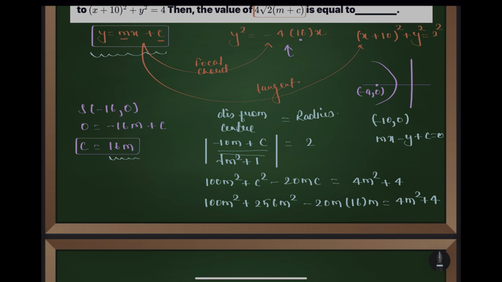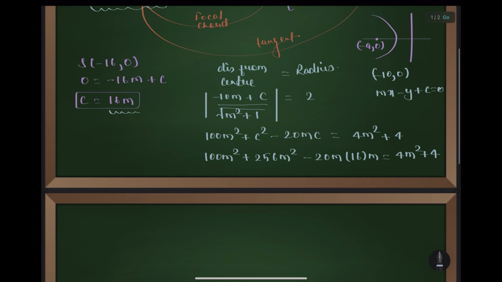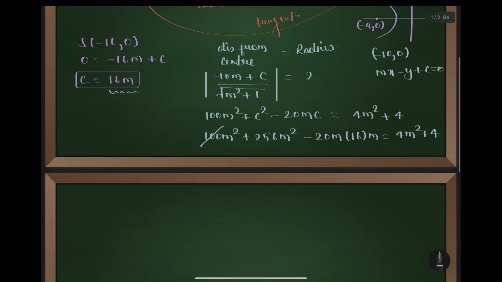Now divide both sides by 4. So it will become 25m square plus 64m square minus 80m square equals m square plus 1.